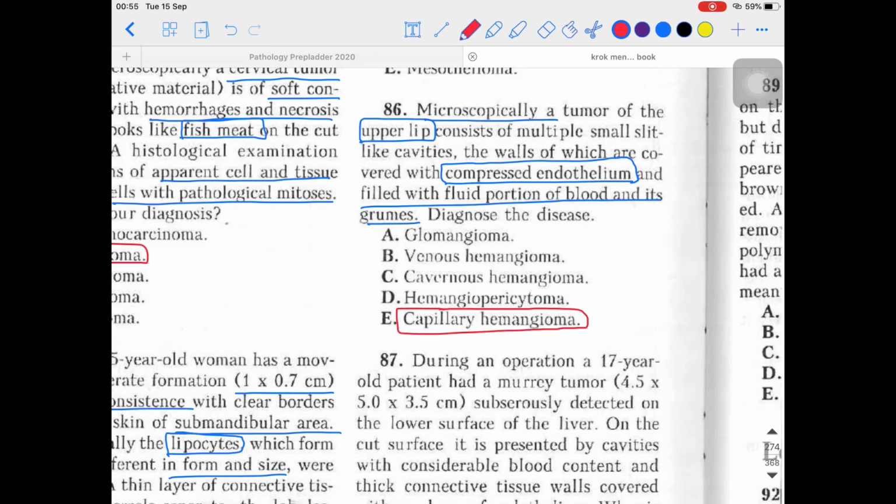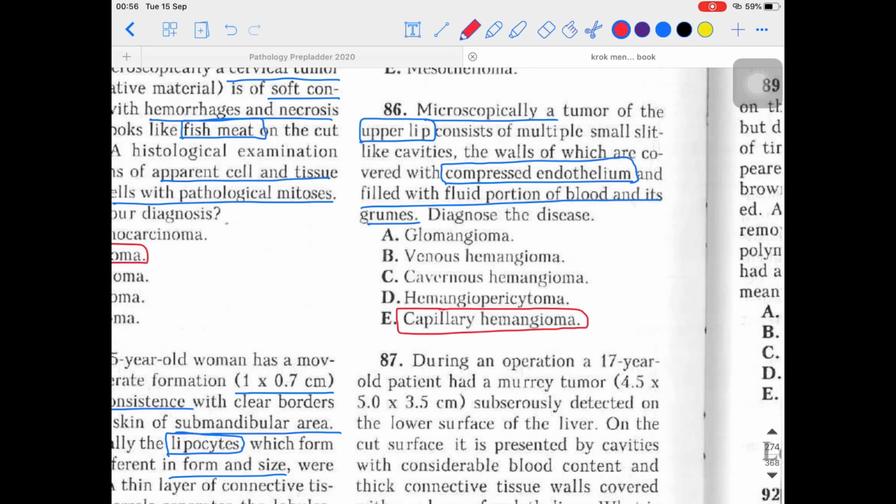In the lipoma I told you they were encapsulated, but here I am telling you that capillary hemangiomas are unencapsulated lobules, comprising capillary-sized thin-walled blood-filled vessels. In these thin walls there will be blood filling, and in our question they said compressed endothelium filled with the fluid portion of blood. So they must be talking about capillary hemangioma.